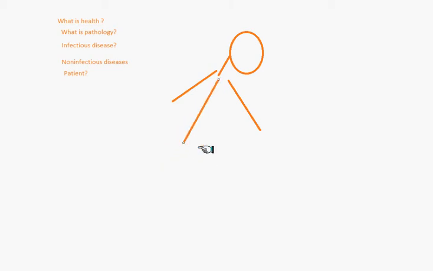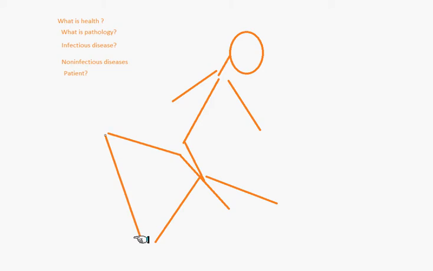Sick, okay? And he needs medical attention. Okay, I don't think this is a really good drawing, but at least you will understand what I meant. So this is the guy here, very sick. I don't know what it is, but okay, he's sitting down on the chair.